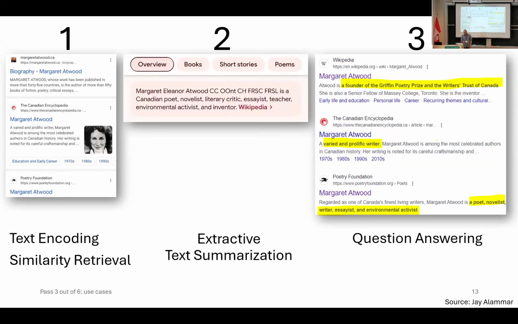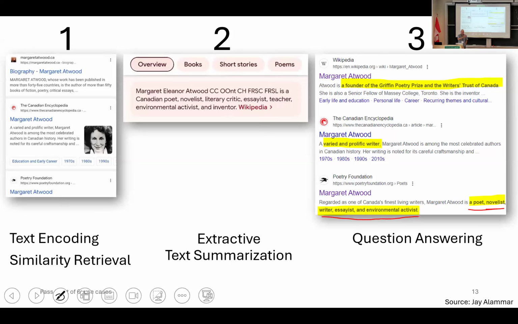So a relevant answer to who is Margaret Atwood is a founder of Griffin Poetry Prize and the winner of the Writers' Trust of Canada. Another potential answer to my question is a varied and prolific writer, right? Another potential answer is a poet, novelist, writer, essayist, and environmental activist.